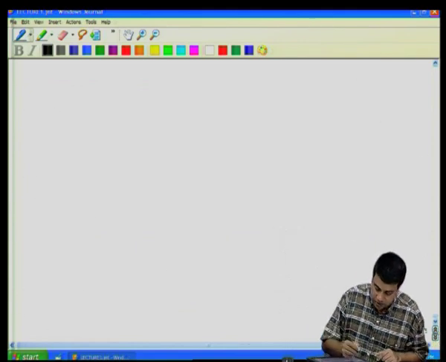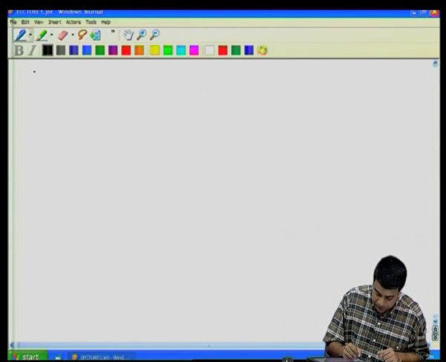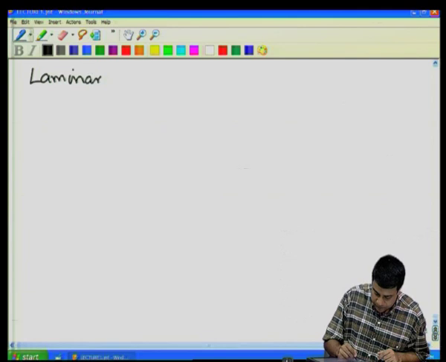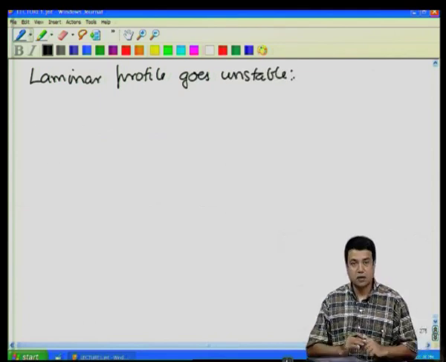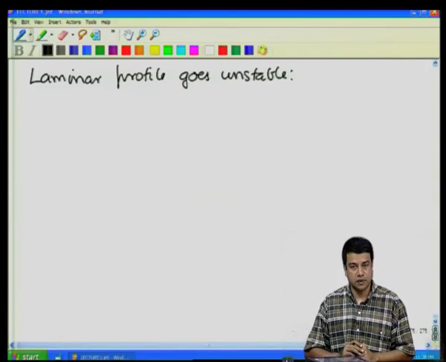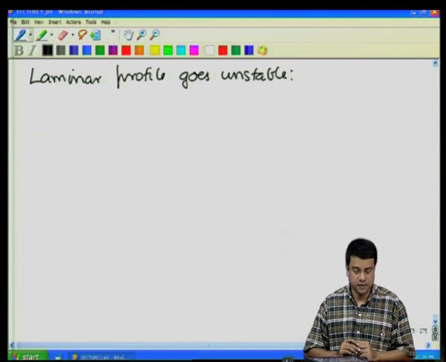Okay. So, the reason there is a transition is because the laminar profile goes unstable. It is still a solution of the equations, but any small disturbance will make it go to some other solution. Okay.